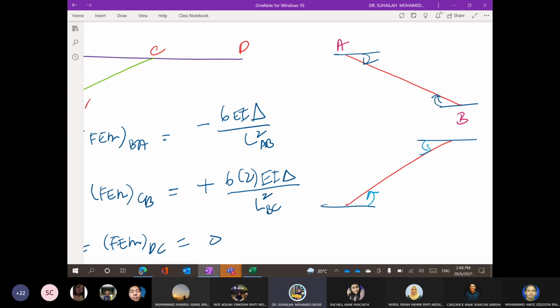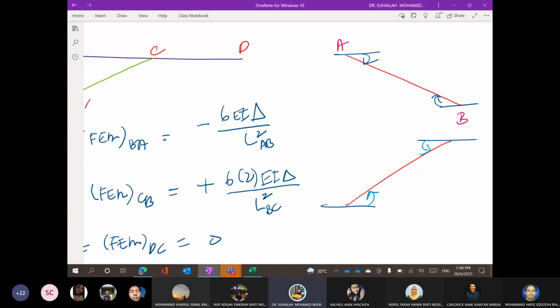So we must understand the behavior of the beam after settlement. The easiest way to identify the sign of FEM is based on the chord rotation. Just draw the beam after settlement, the new inclined line, and then mark the horizontal line at A and B at both ends, and identify the angle.